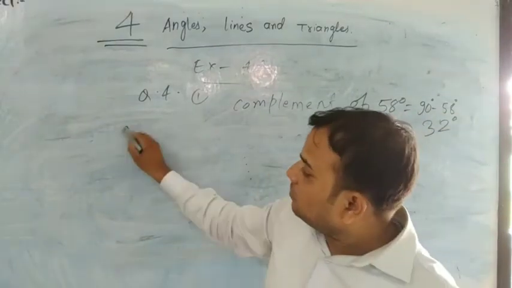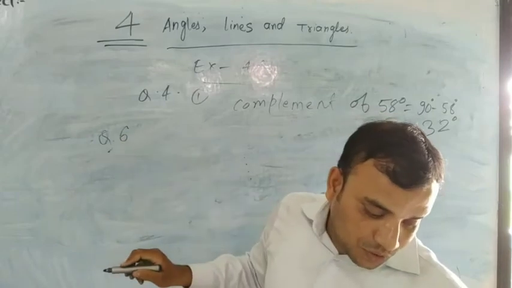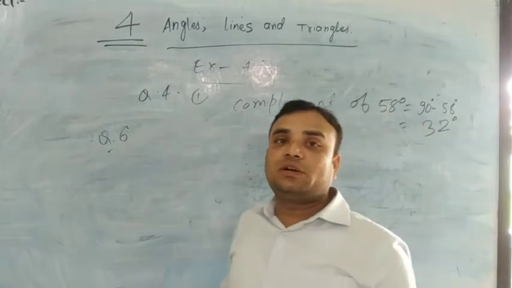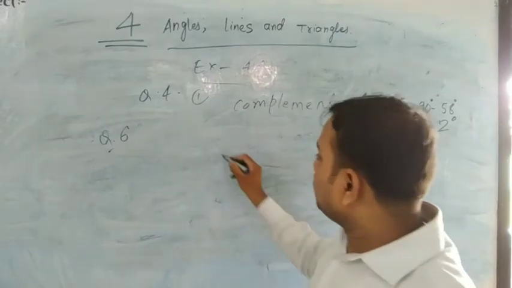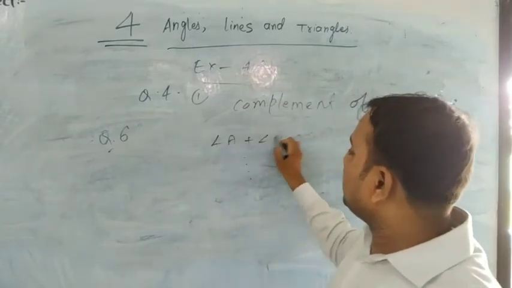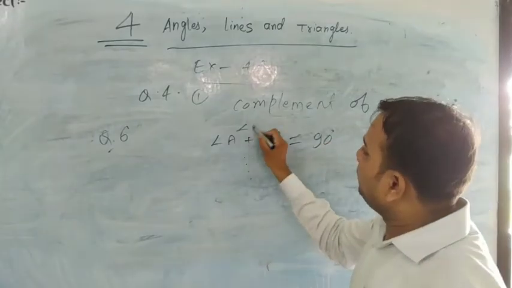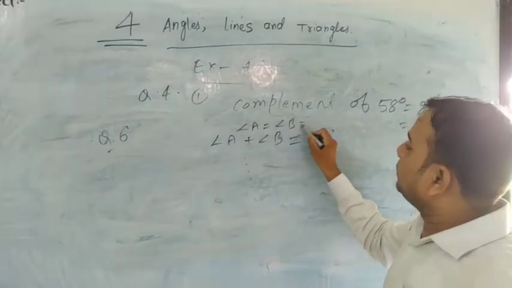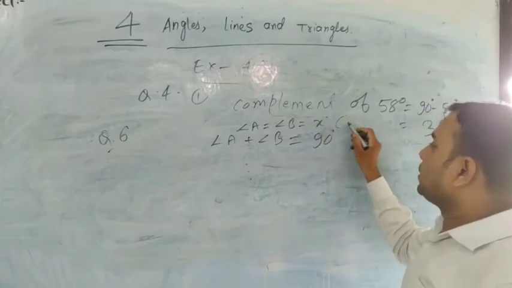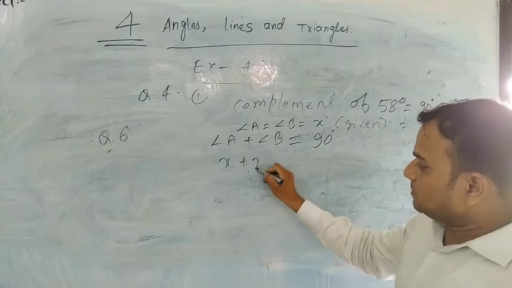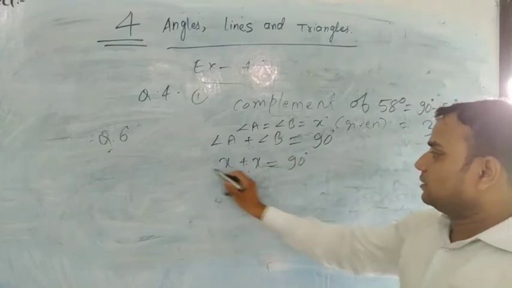Now question number 6. Find the measure of an angle which is equal to its complement. Dear student, both angles are equal. So angle A plus angle B equals 90 degrees, and we are given angle A equals angle B equals x degrees. Substituting, x plus x equals 90 degrees, so 2x equals 90 degrees.